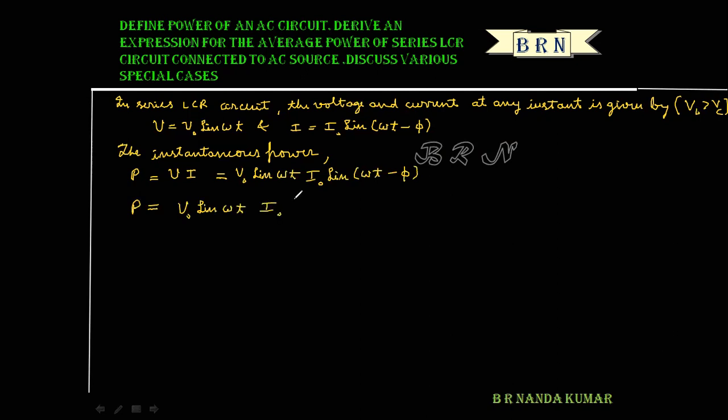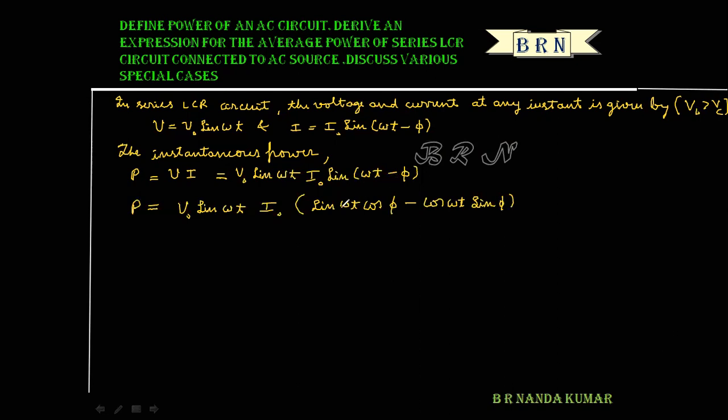into I naught of sine of omega t minus phi, that is sine omega t cos phi minus cos omega t sine phi, right?